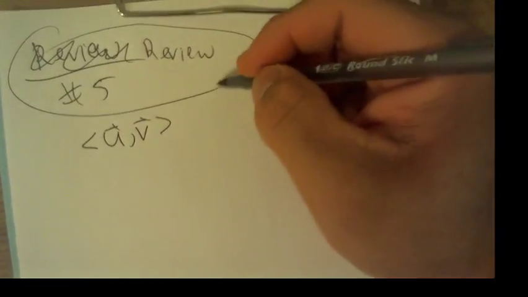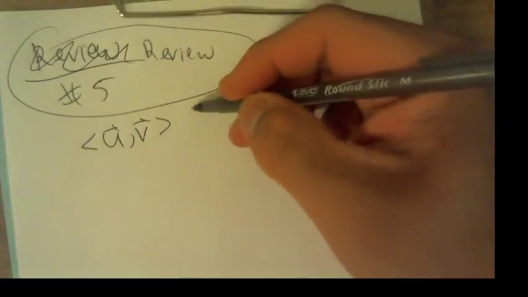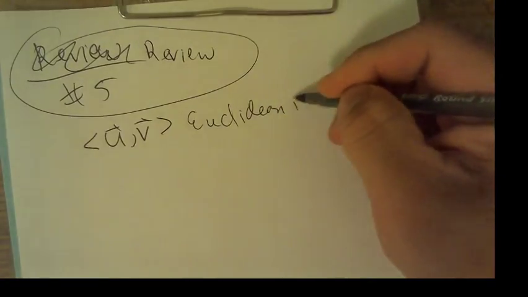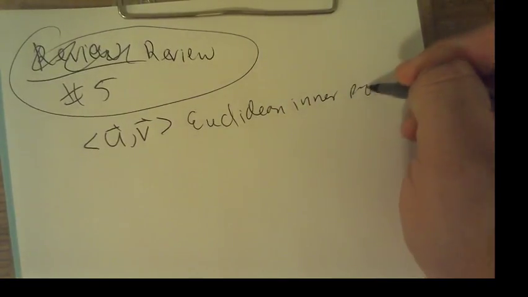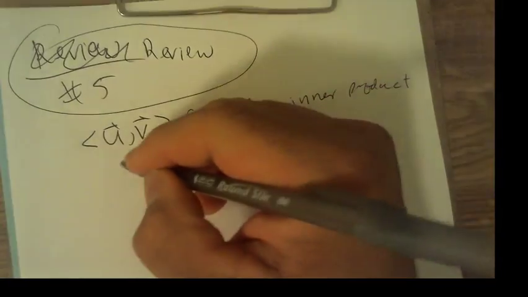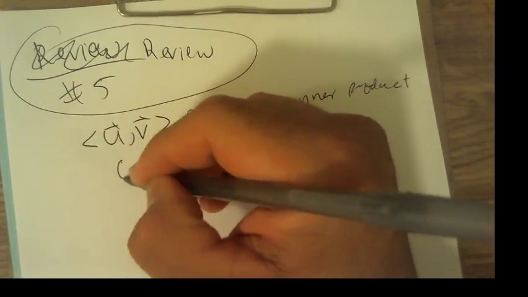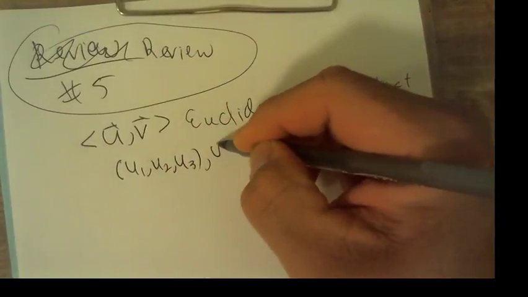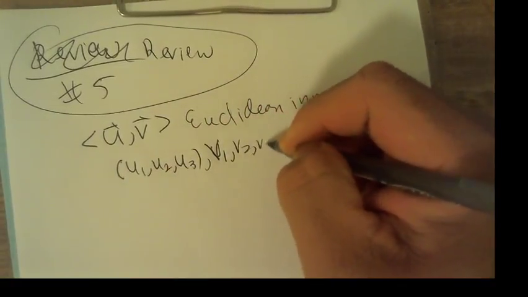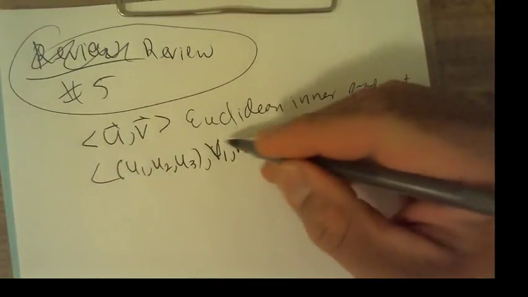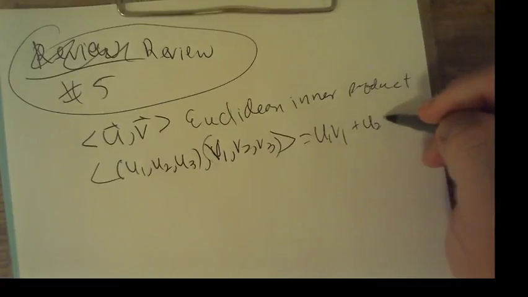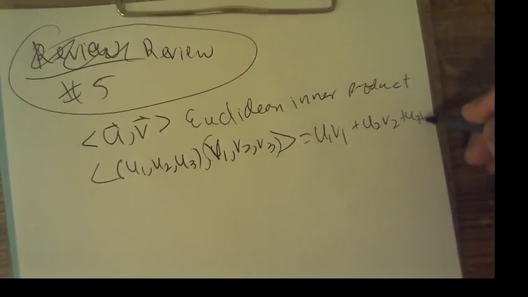Okay, so in review number 5, it says we have the Euclidean inner product. And all this means is that it's the natural dot product that we're used to seeing. So if we're in R3, then this would just be U1 V1 plus U2 V2 plus U3 V3.